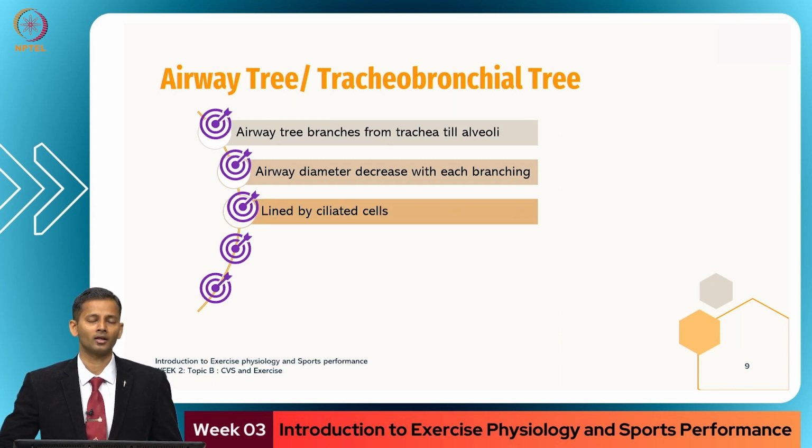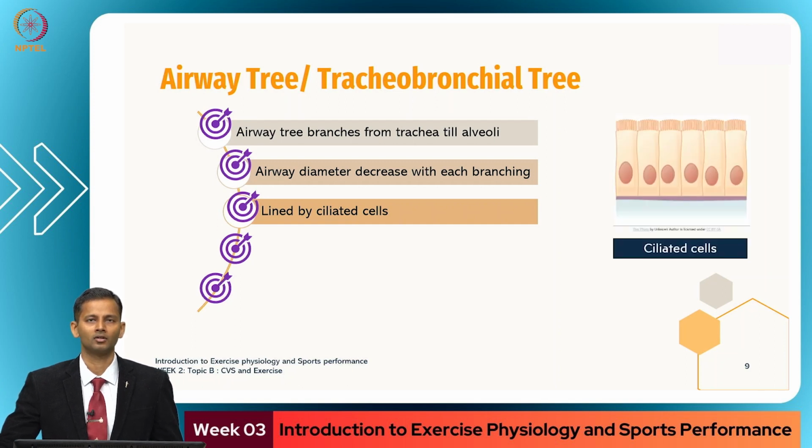The entire airway tree is lined by ciliated cells. If you see the figure, the cells are lined along the border of the respiratory layer, and at the end of the cells you have a brush-like border, which moves along one particular direction.